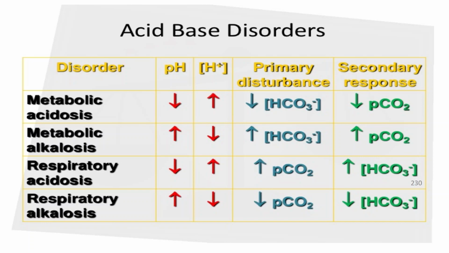Respiratory acidosis, carbon dioxide is increased and bicarbonate ions also are increased. Although the bicarbonate is present there, the pH is lower. Respiratory alkalosis, carbon dioxide as well as the bicarbonate ions would be reduced, and even if the bicarbonate ions are reduced, it results in alkalosis. That's all the basic difference.